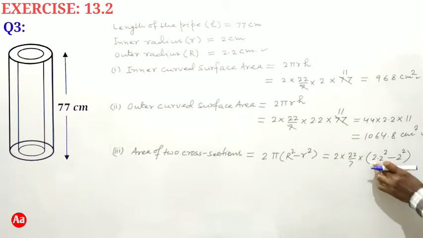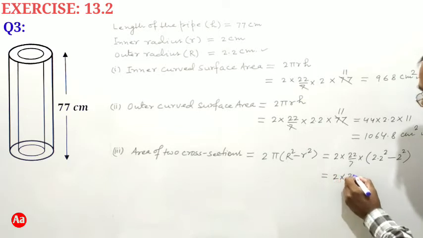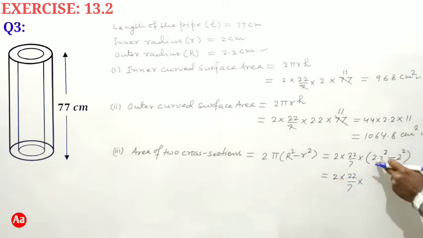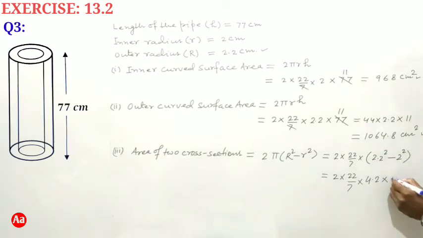Here let's use the a square minus b square formula, and we get 2 into 22 by 7 into 2.2 plus 2, that is a plus b, 4.2, into a minus b, that is 0.2. We are writing 4.2 into 0.2 using the a square minus b square formula. a plus b is 4.2 and a minus b is 0.2. There should not be any confusion here at this point in this part.